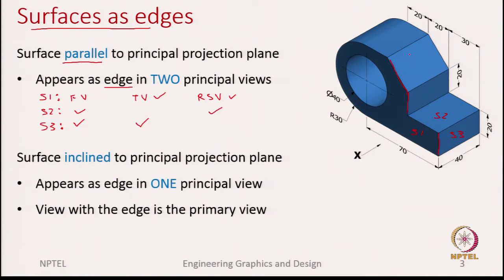So, for example, if I take this surface S4, it is perpendicular to the frontal plane or the vertical plane, but it is at an angle to the horizontal plane as well as the profile plane, okay. So, it is inclined to the profile plane and the horizontal plane, but is perpendicular to the frontal plane. So, this is the inclined plane we are talking about.